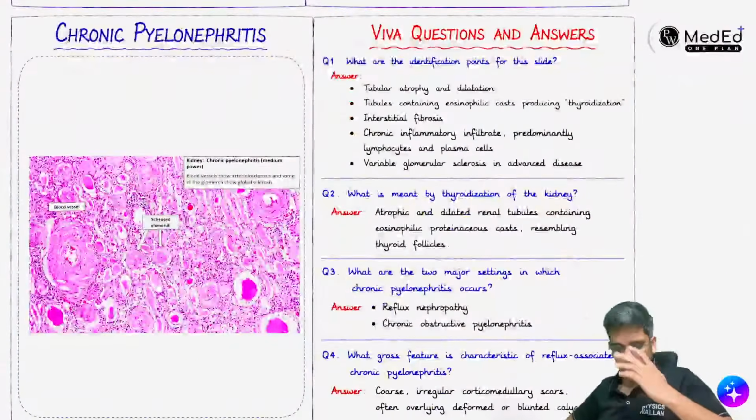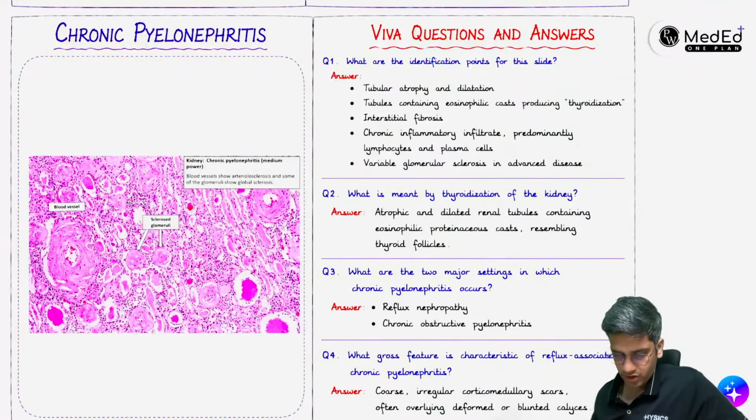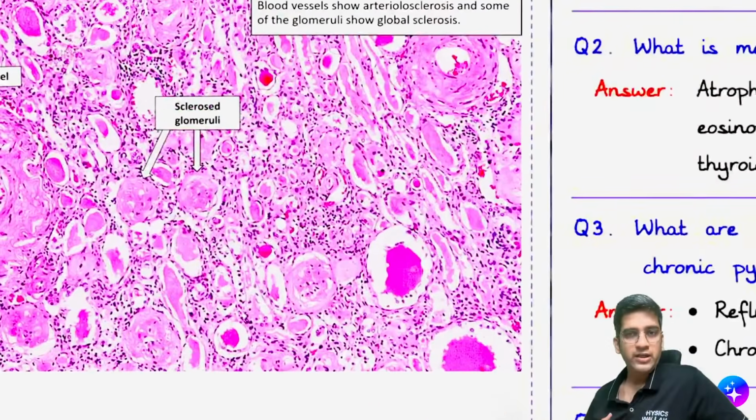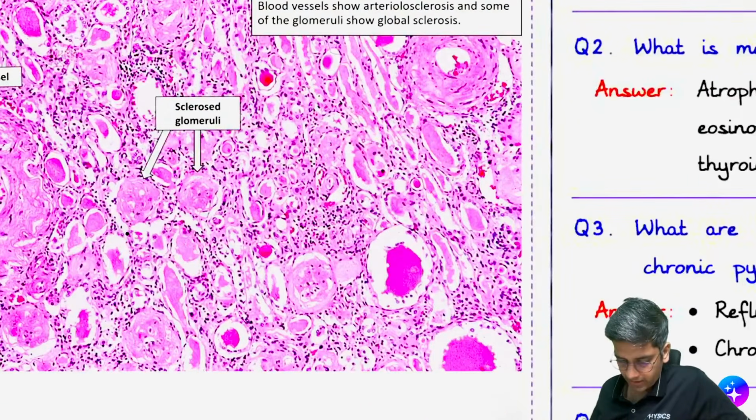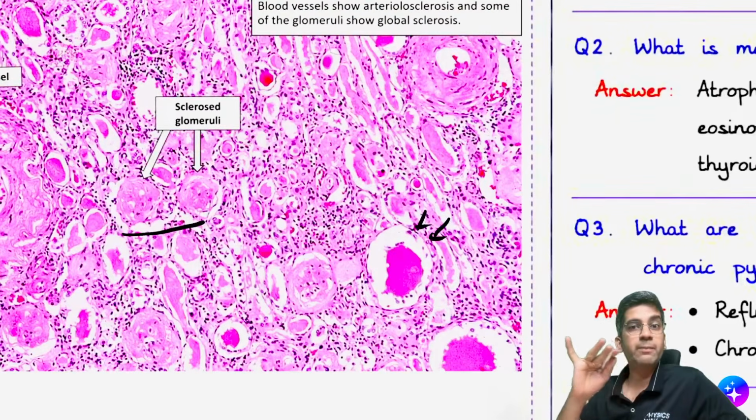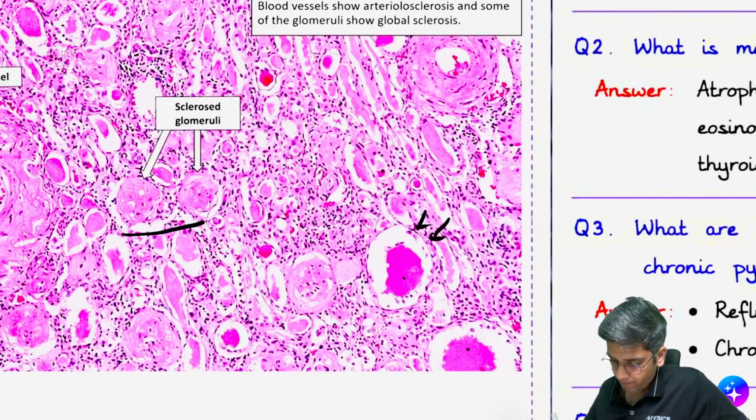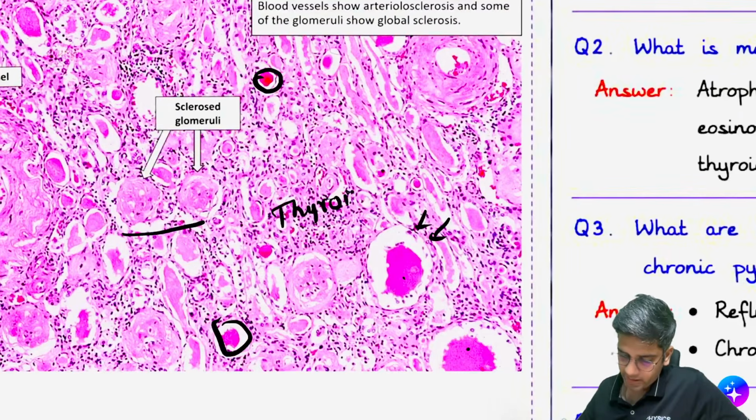Now, today's last slide. I don't have a slide for this, so I just put an image here because this is something which might come in an exam. You have sclerosed glomeruli, you have atrophic tubules, and the tubule is filled with pink material. That's a classical thyroidization of tubules.